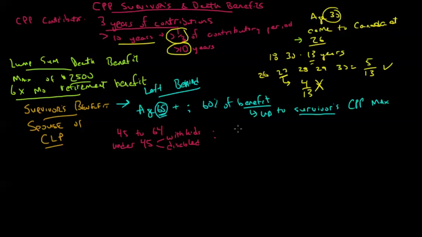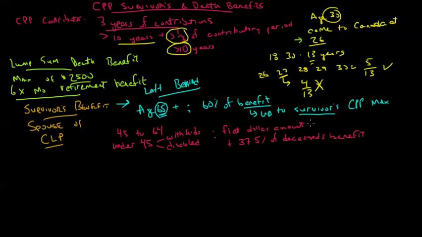And now what we're going to have is a flat dollar amount, and we're going to see that flat dollar amount again in a moment. And similar to what you saw if you watched the disability video already, then a percentage, and that percentage is 37.5% of the deceased benefit.